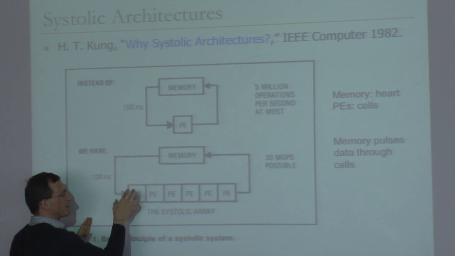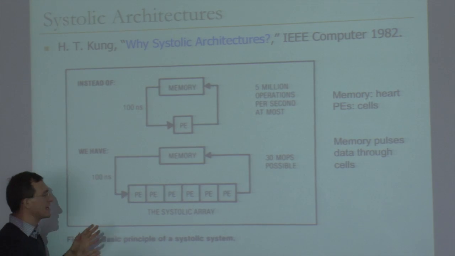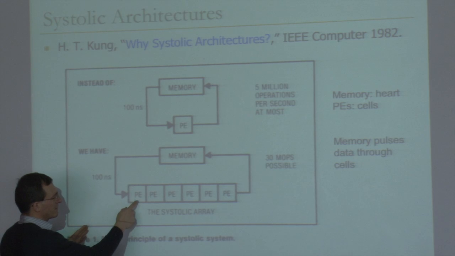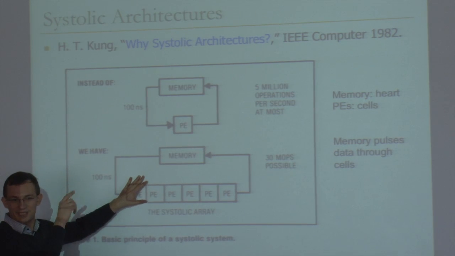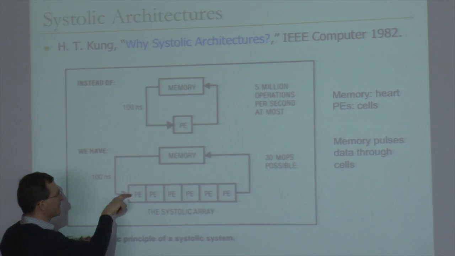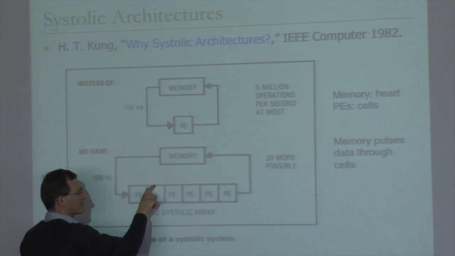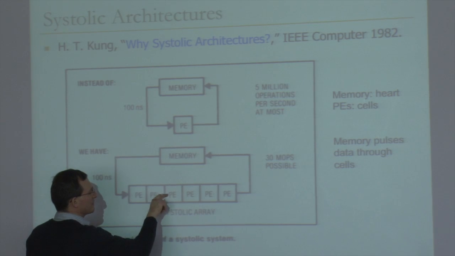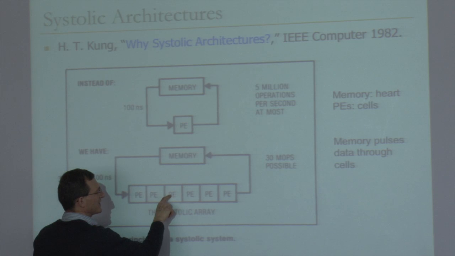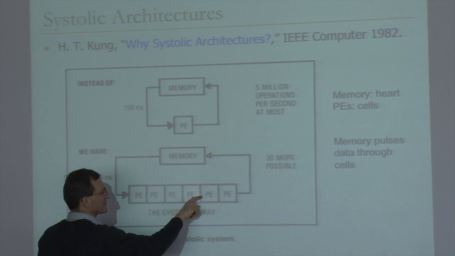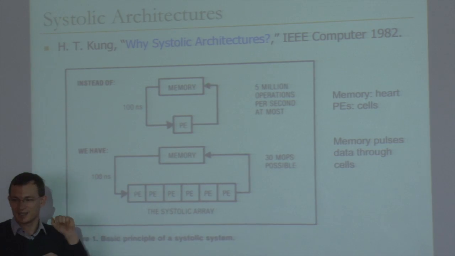The first processing element operates on the data with some operation, which could be fixed as we've seen in the convolution example. It takes in some input data and then outputs the result, which is chained to this processing element, which takes in that input data and perhaps some other input data, and then outputs the result. And then this processing element takes that, processes it, and sends it to the next one, dot, dot, dot, right?